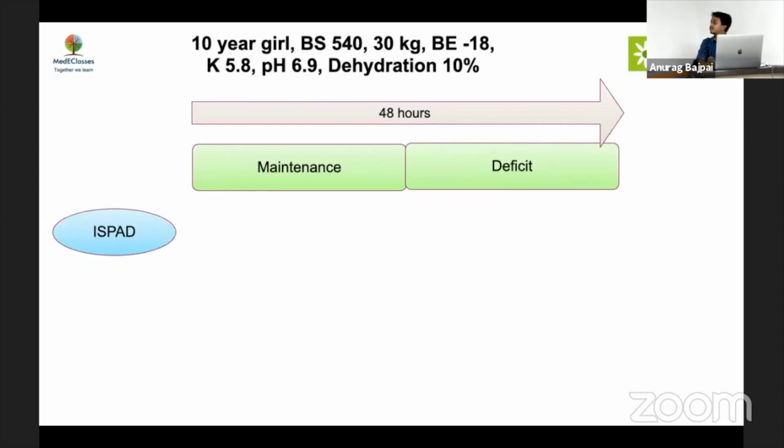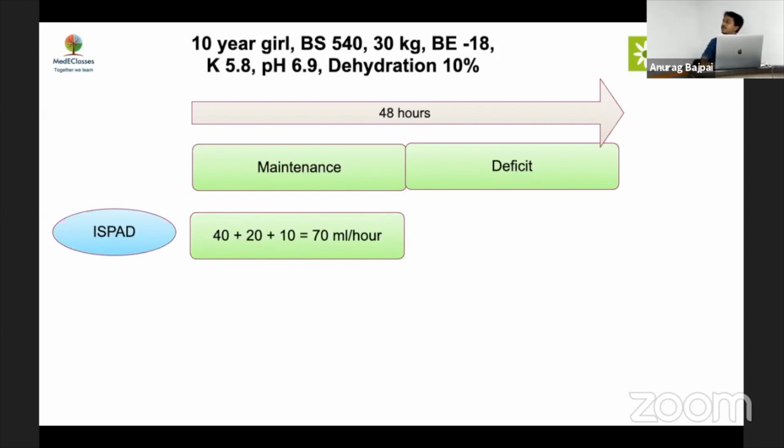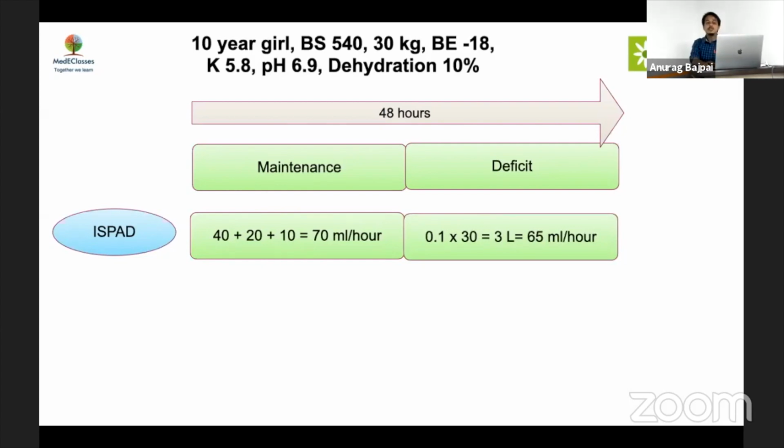We have two guidelines presently, one is ISPAD and the other is BISPED. So as per ISPAD, according to the Holiday-Segar formula, we get a maintenance fluid of 70 ml per hour for this kid. The deficit, which was 10% according to severe DKA, the deficit fluid per hour is 65 ml per hour for this child.